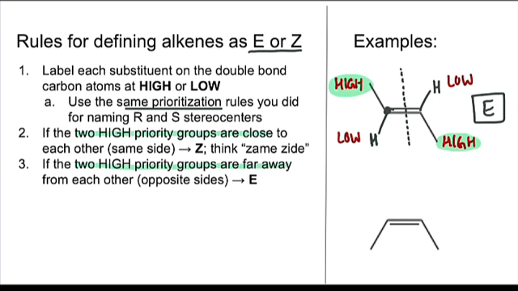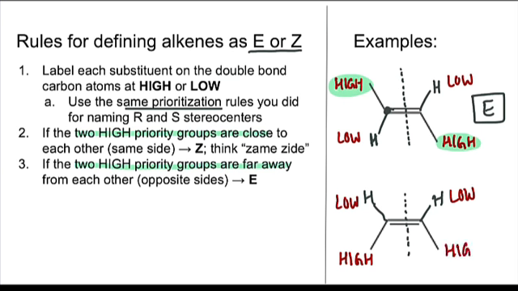Now doing the same exact thing with the molecule below. I'm going to label the hydrogen atoms that are there just for clarity. I see that a hydrogen takes low priority and a carbon of a methyl high priority.